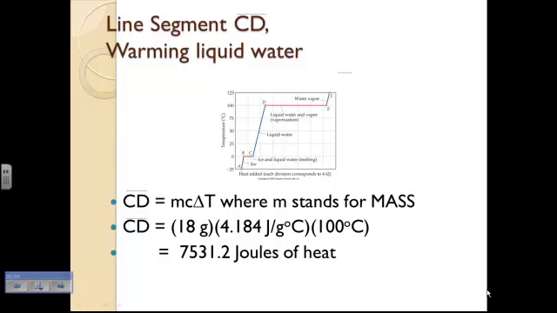Hit with me on your calculator. 18 times 4.184 times 100 equal, your screen should read as mine does, 7,531.2 joules of heat. Line segment CD is an MC delta T where we have a slope of the line representing a change in temperature.